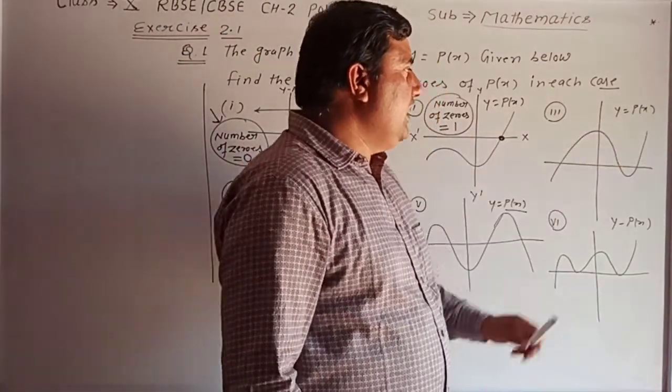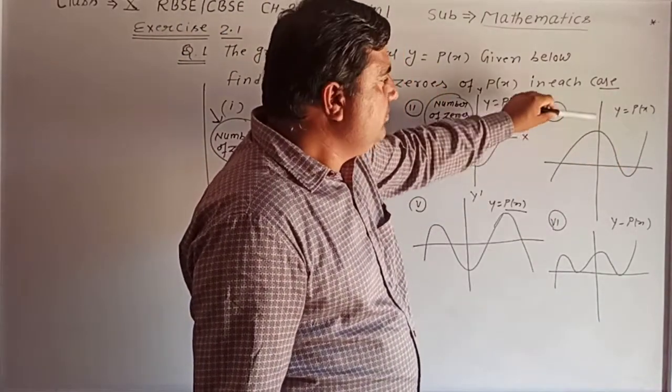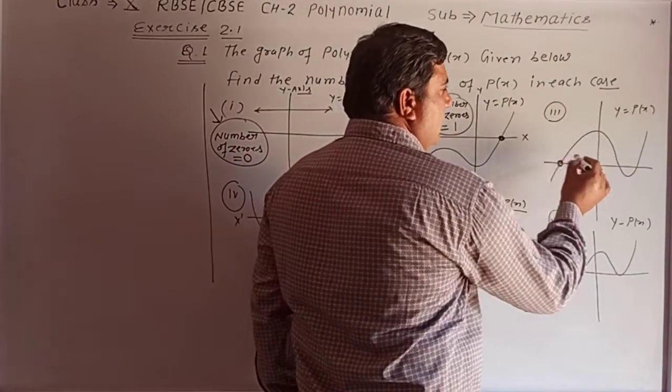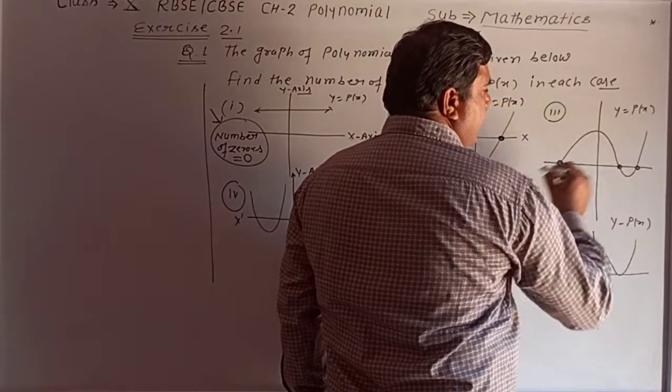Y equals px. In this case, the graph of polynomial px intersects the x-axis at 3 points.